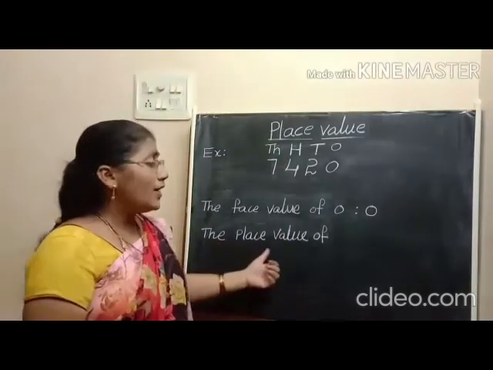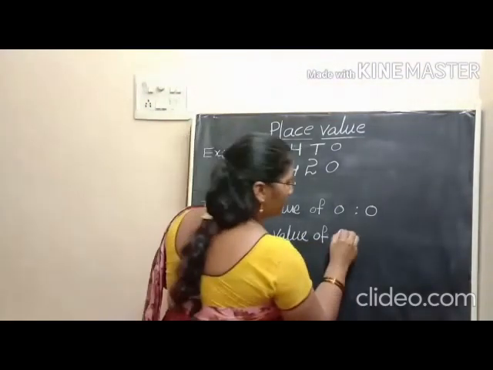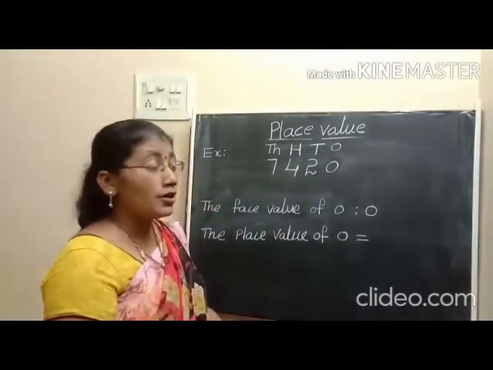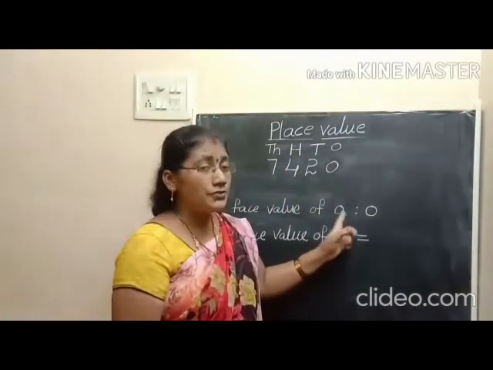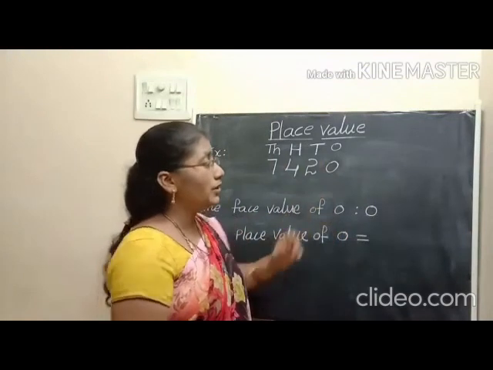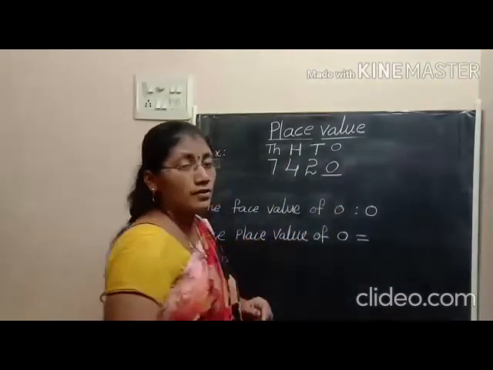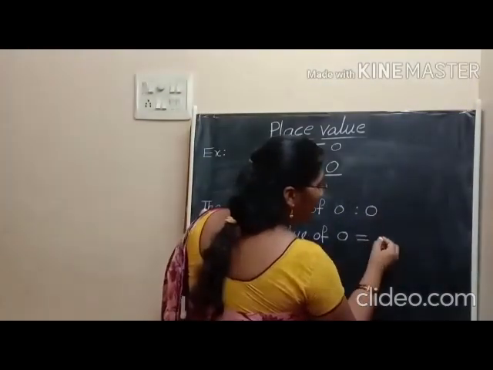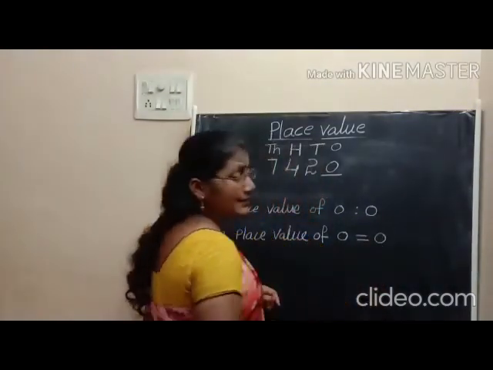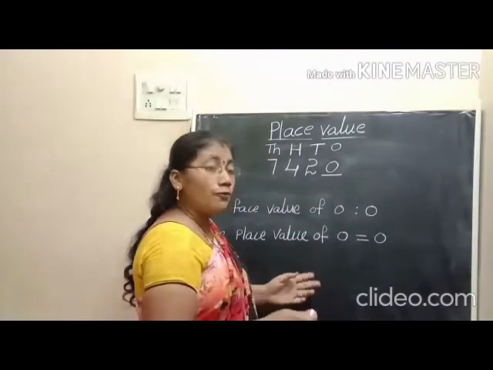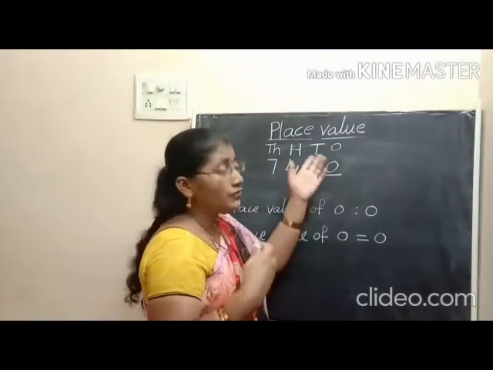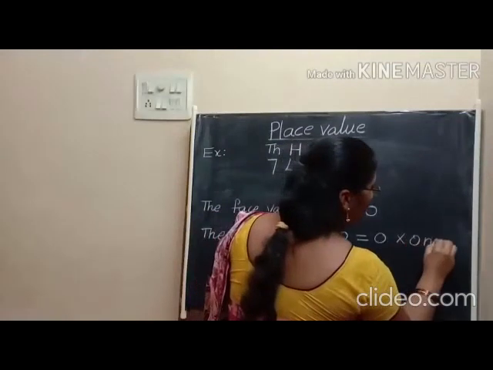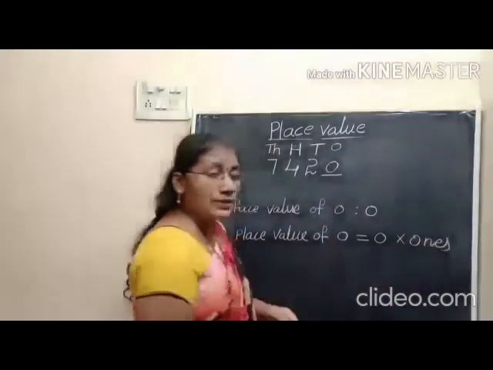The place value of 0 means the product of face value of 0 and place of the 0. What is the face value of 0? It is 0. And what is the place of the 0? That is ones.